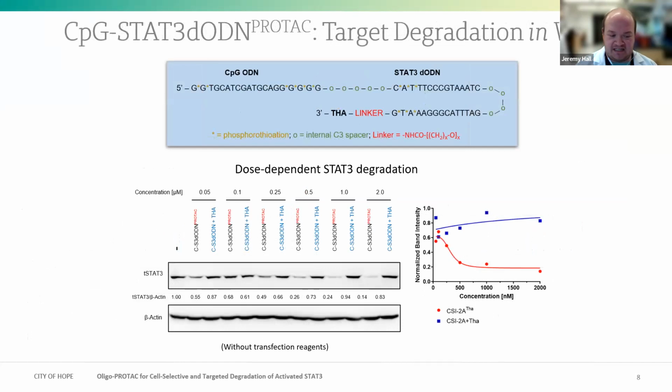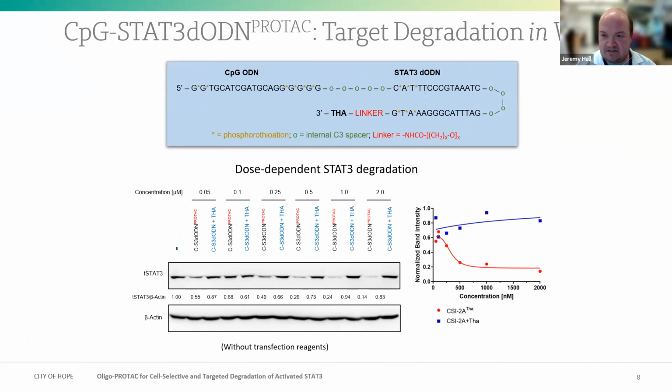So moving on, we began testing the full design that includes the actual CpG motif. And at this point, we were able to do free uptake in vitro models, in the same kind of cell lines. So in this, we have equal molar comparisons that ultimately show that the PROTAC continues to bring about a greater STAT3 reduction than an equal molar amount of the decoy. And it still demonstrates that dose-dependent effect that we saw in the previous slide.